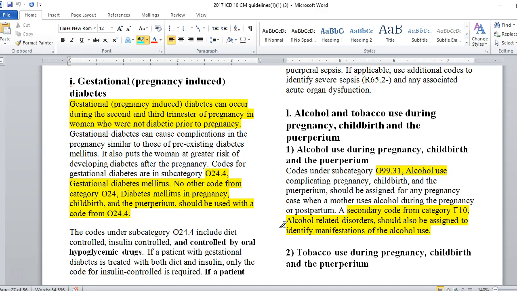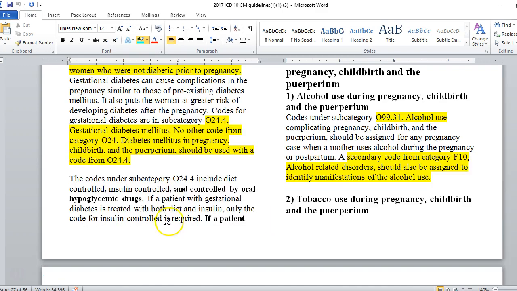Codes for gestational diabetes are in subcategory O24.4, gestational diabetes mellitus. No other code from category O24, diabetes mellitus in pregnancy, childbirth, and the puerperium should be used with a code from O24.4 because, again, you are either diabetic and then you become pregnant, or you are pregnant and you become a gestational diabetic. Okay, and so we need to know which one for the patient.